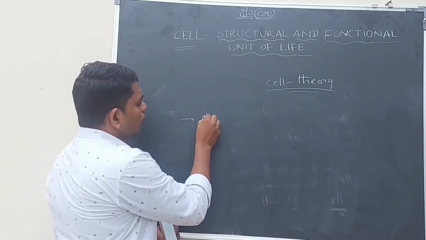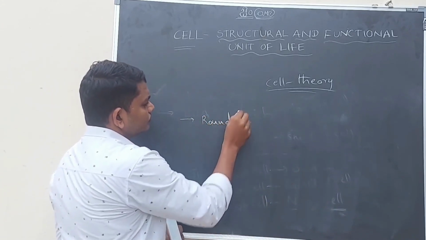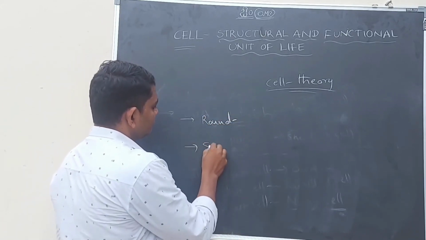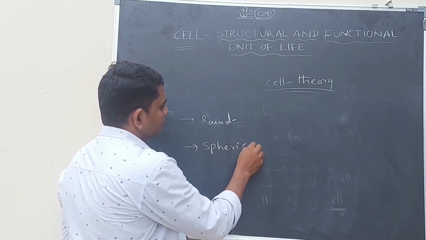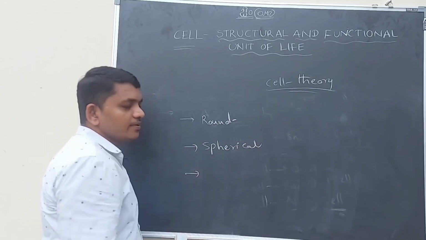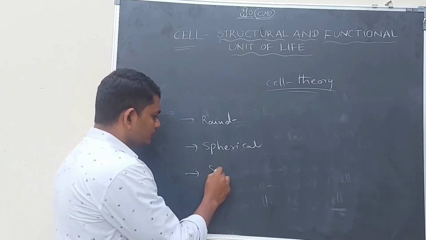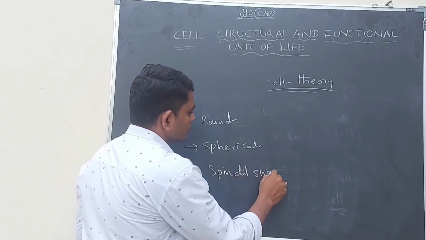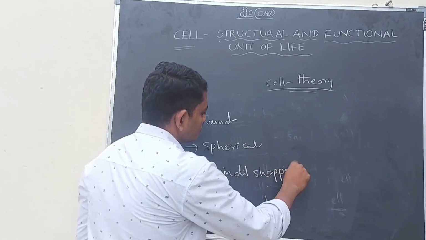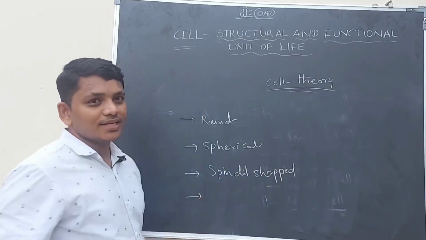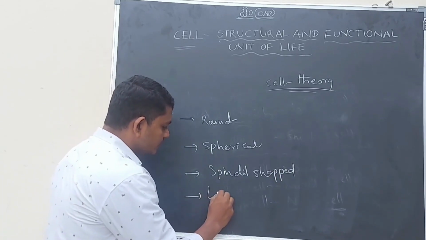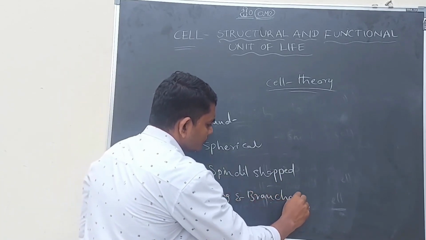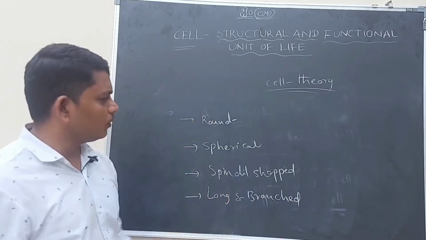Some cells are round, some cells are spherical, some cells are spindle shaped, some cells are long and branched. Let us discuss examples for that.